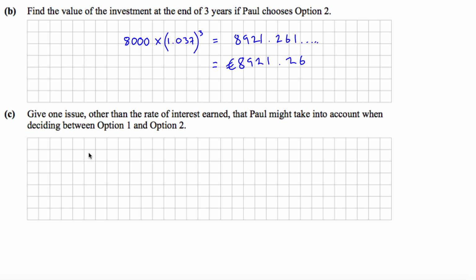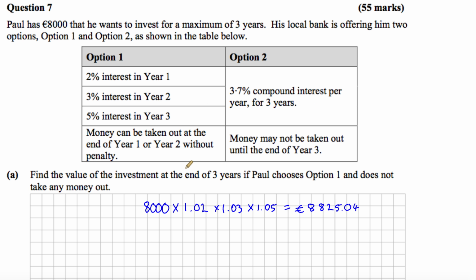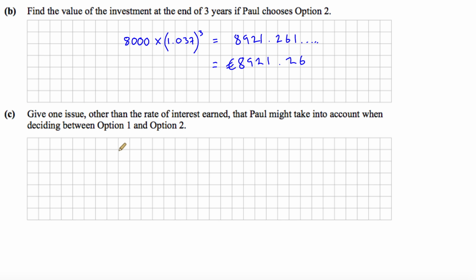Part C says give one issue other than the rate of interest earned that Paul might take into account when deciding between option 1 and 2. So if we go back and have a look, well, one issue might be the fact that you can't take money out with option 2 until the end, so maybe he'd want the flexibility to be able to do that. That might be something to consider.